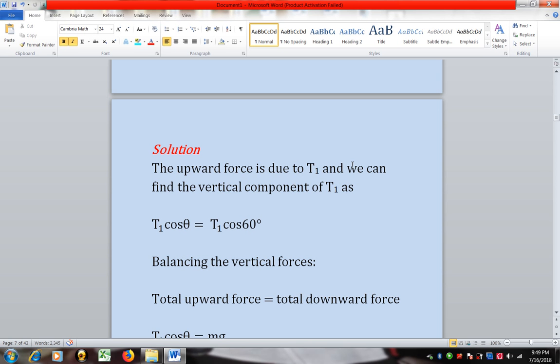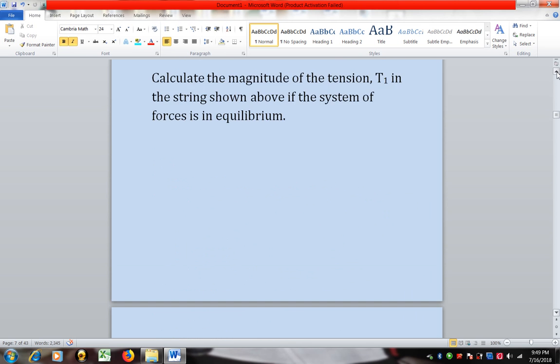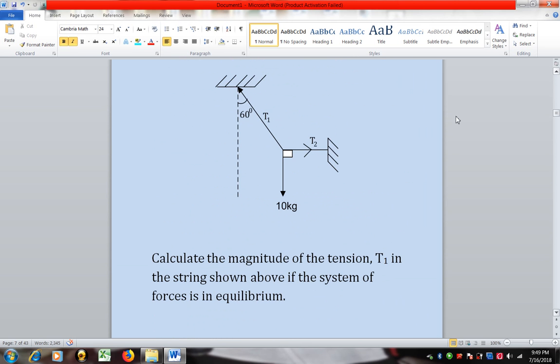Okay, so since it is an upward force, we need to balance the upward force. This tension T1 is the one that provides the upward force, although it is making angle 60 degree with the vertical.